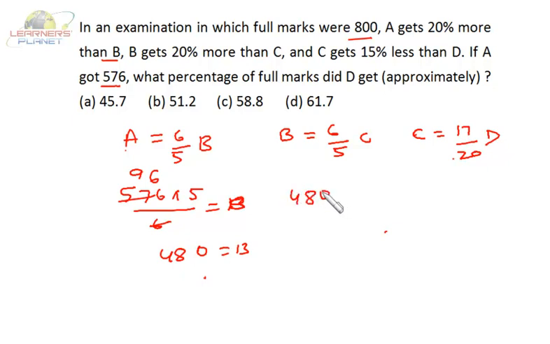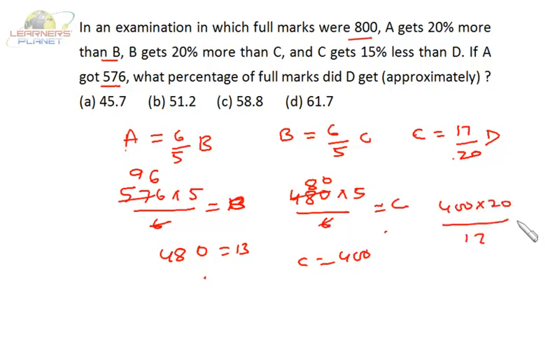If B is 480, that means C is 400. And if C is 400, then D is, that is the marks of D, which we have to calculate. Okay, so that should be D's marks, but we are to find the percentage of D's marks.